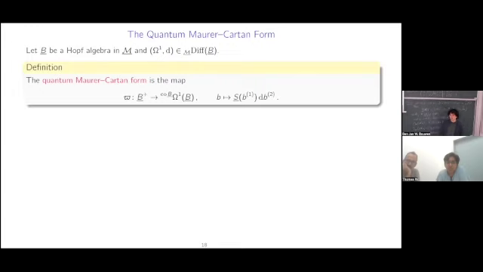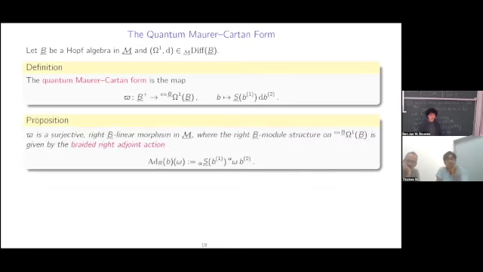So the quantum Maurer-Cartan form is this map that you have here, this assignment. And why do we like this map? Because of many reasons. In particular, this map is surjective, is a right bilinear morphism inside the braided monoidal category M, and in particular, the right B-module structure at the level of the coinvariant one forms is given by the braided right adjoint action. Okay?